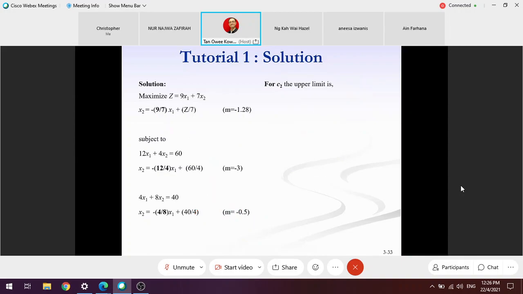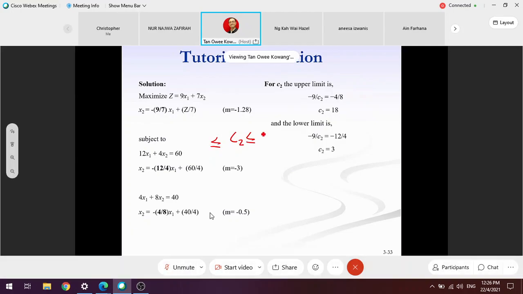If I calculate, I will get this. Again, very straightforward. C2: 3 and 18. You put 3 here, you must put 3 here. 18. Done. Selesai. Tutorial 1 for part 2.